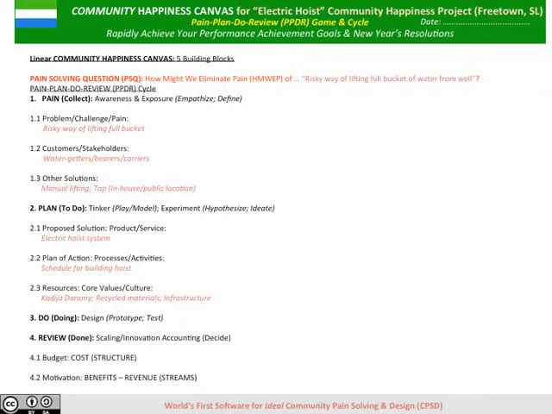And for that, you can tinker or experiment. And the solution which was proposed by Khadija Darami was an electric hoist system. And she went on to do her plan of action and then to obtain resources so that she could build a prototype of the system.